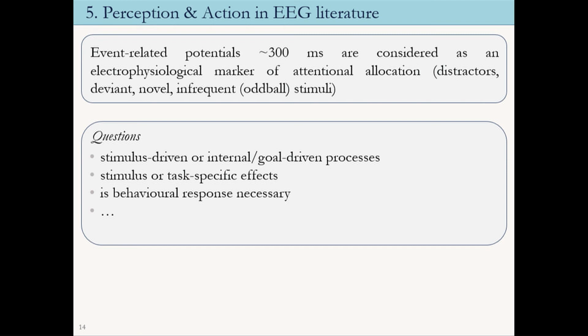So they were engaged, they were perceiving things, but they were not perceiving the things that we gave them externally, the stimuli. And also we don't even know if a behavioral response is important and necessary to drive this kind of correlation.